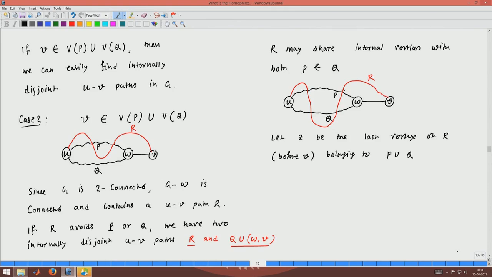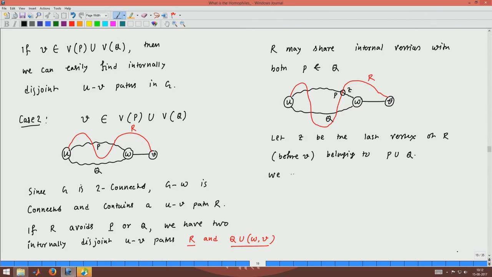So, that means Z is this vertex. Z is the last vertex of R before V belonging to P union Q. Now, what we need is to get two internally disjoint paths. So, we get the two internally disjoint paths in this way.